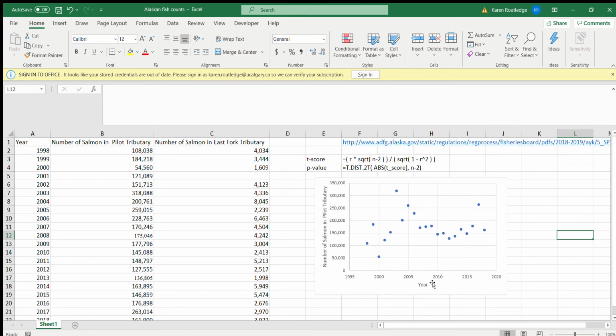As far as eyeballing trends, if we were to follow the pattern over time, we may say that yeah, it's going up here, and then it goes down here to 2010, and then it stays more or less flat, maybe a slight increase going into present day. So it's doing all sorts of stuff. I would be hard-pressed to say there's an overall pattern one way or the other.